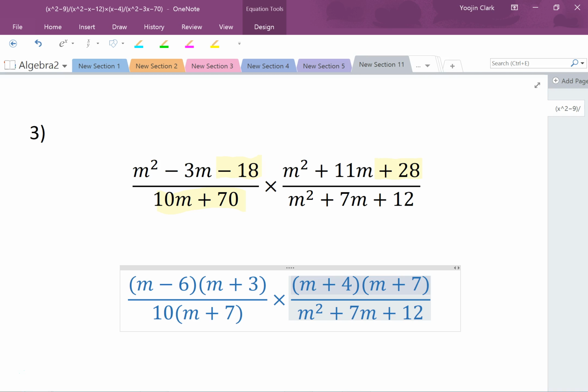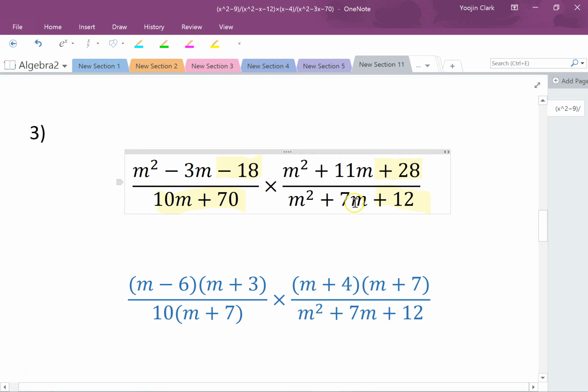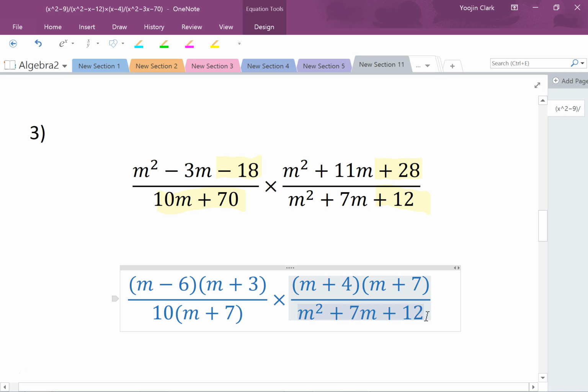So 4 times 7 is 28, and 4 plus 7 is 11. That looks good. And finally, the last one here, 2 factors of 12 that add up to be 7. That's our 3 and 4 again.